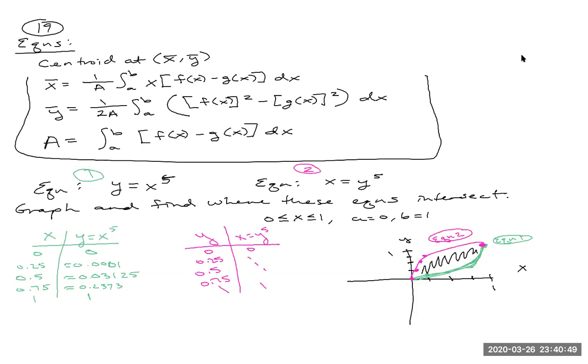So now the reason why this is so important, we need to figure out which is the top function. So, which one is function f of x and which one is function g of x. We're actually going to put both of these in terms of x so that we can use these values here, these equations up here. You could also take your integral with respect to y as well.